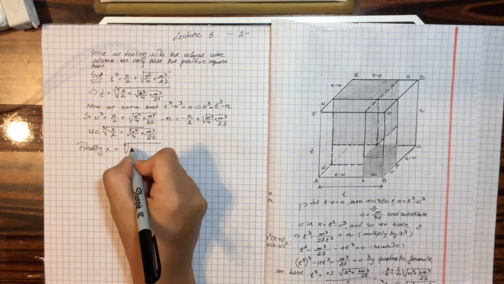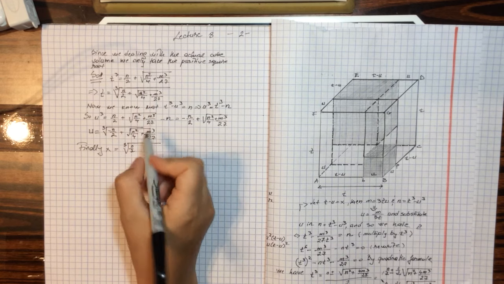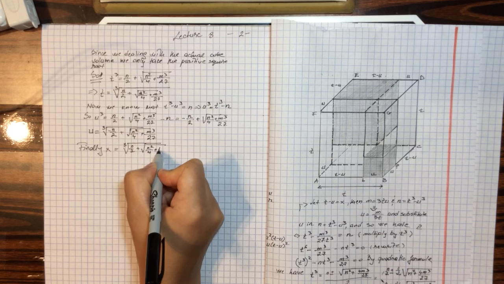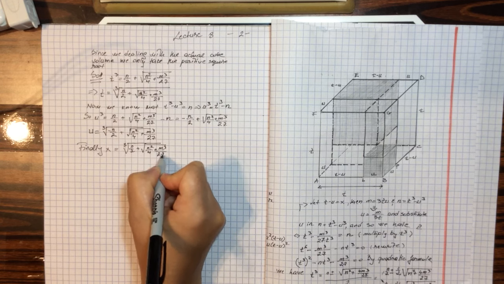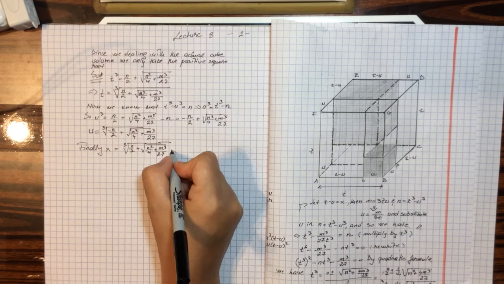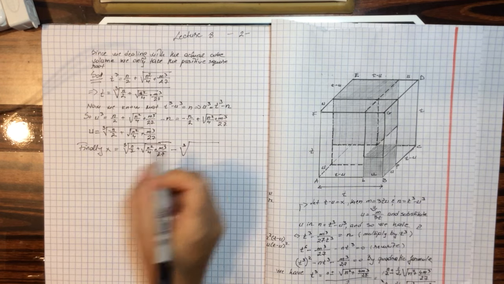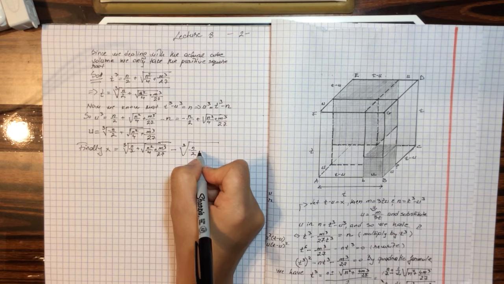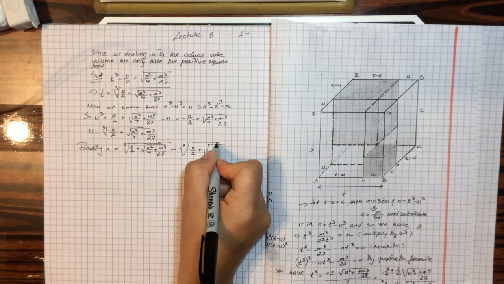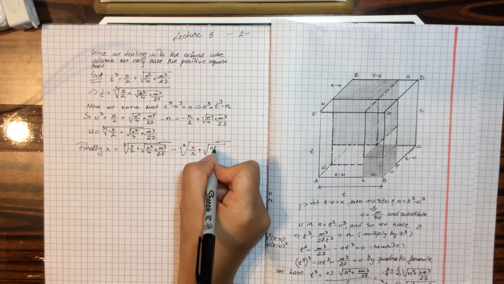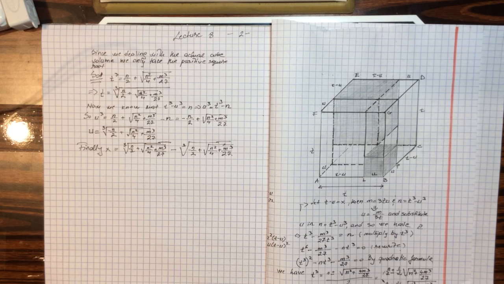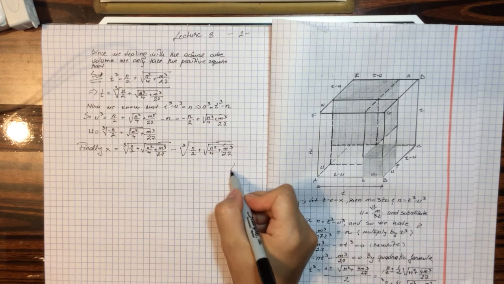So the cube root of n over 2, this is the t, plus the square root of n to the 2 over 4 plus m to the third over 27, minus again the cube root for u, which is the number we just said: the square root of n to the 2 over 4 plus m to the 3 over 27. Alright, so that's basically the end of the proof.